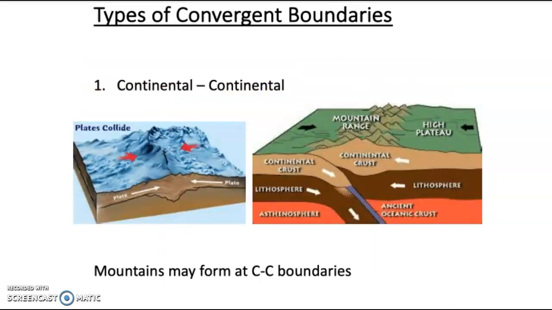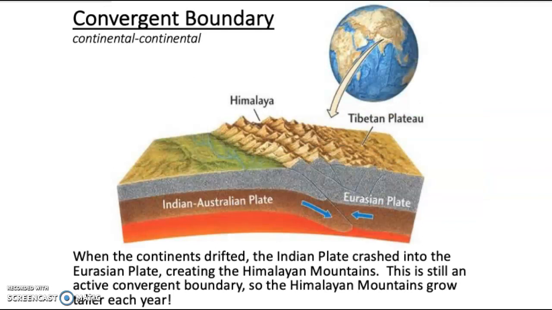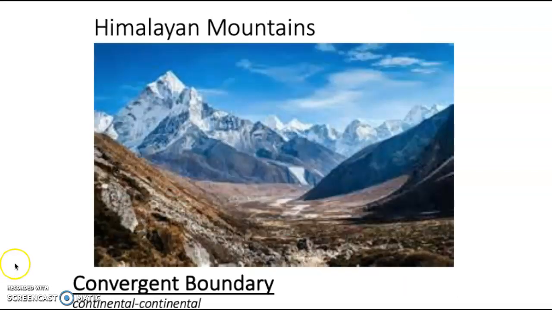So you have continental and continental crust that are pushed together, and those are where mountains would form. Examples of that, your Himalayas, where these ones came together. You lost crust because this is losing crust here, but we gain mountains. Nice pretty picture of them.